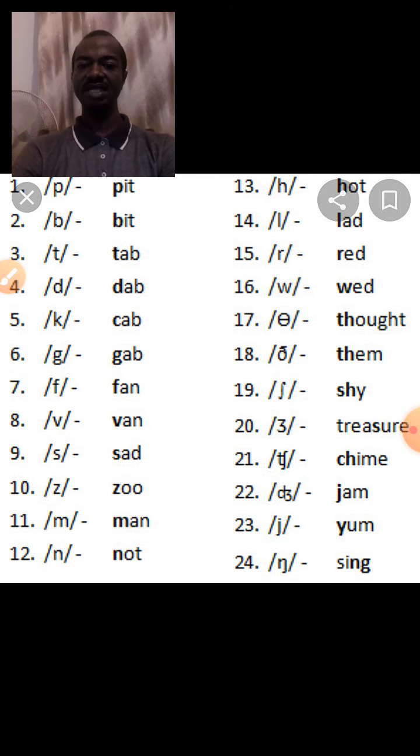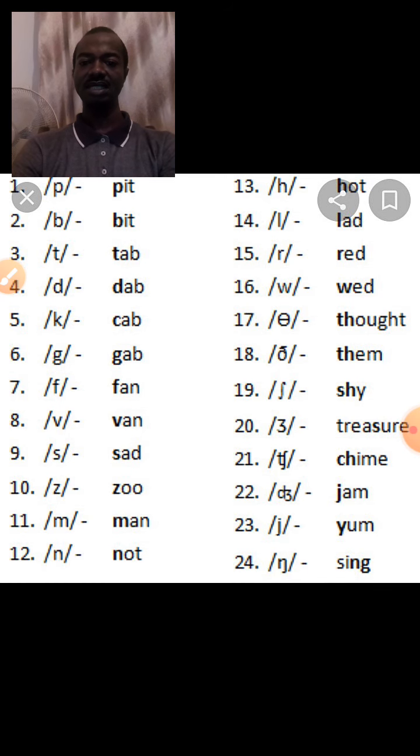Then you have the F, like you have in fan. For the F sound, PH can also realize the sound. Phone, the first two letters in phone have an F sound. Then we have the V, number 8 here, the V, like you have in van.